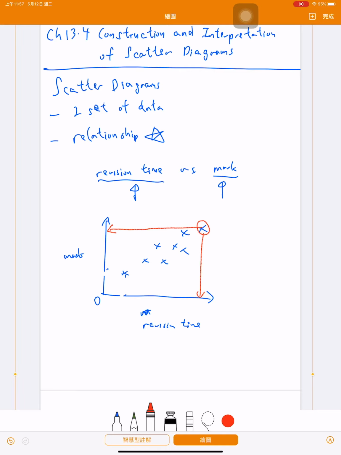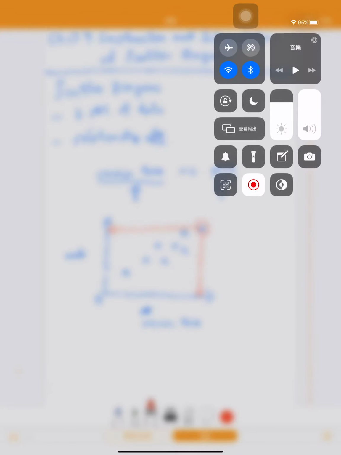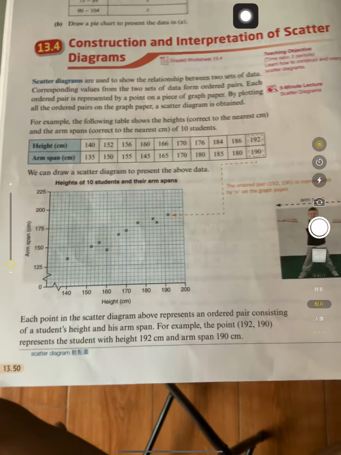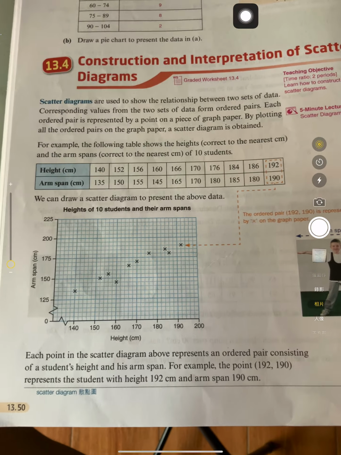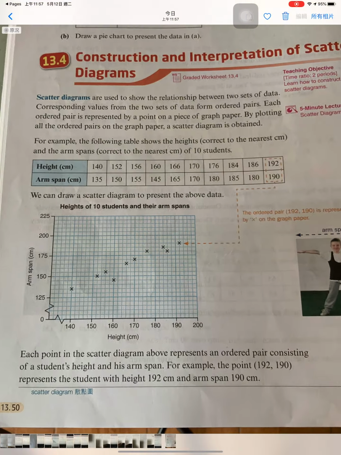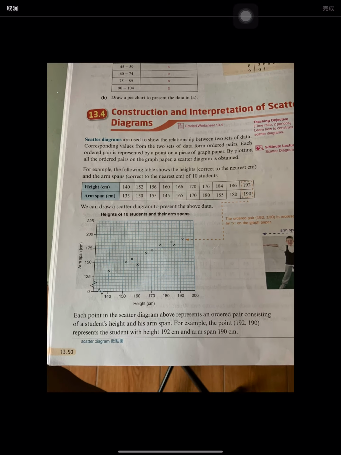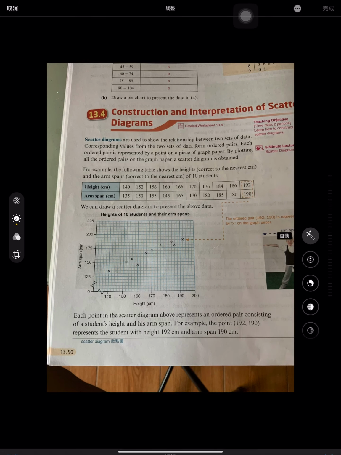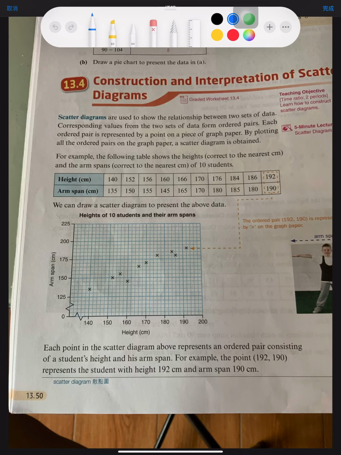We will use the book to show you one more example of how to construct and interpret the scatter diagram. For example, this one, page 50. For this scatter diagram, we want to compare someone's height and arm span.